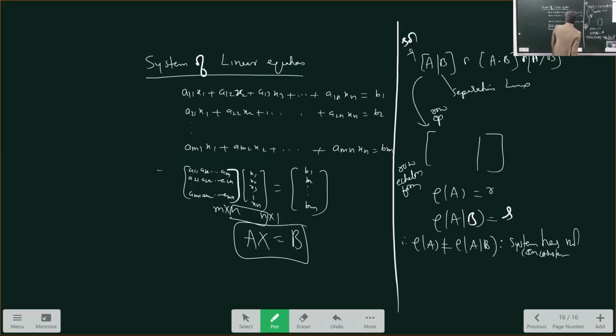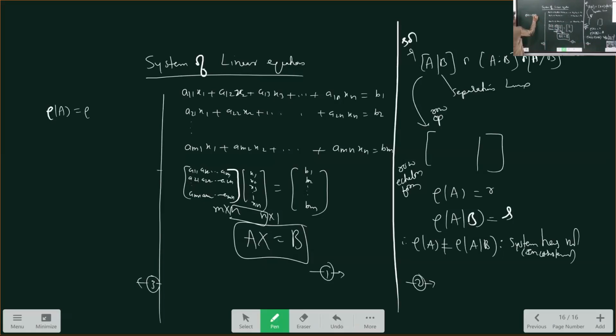The other way, if the rank of A is equal to the rank of the augmented matrix, we say that the system is consistent. When I say it's consistent, there exists a solution.